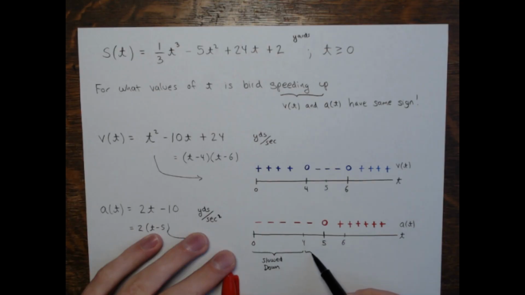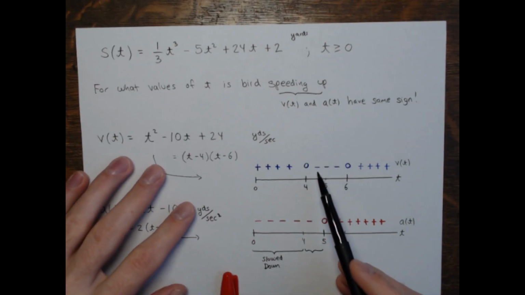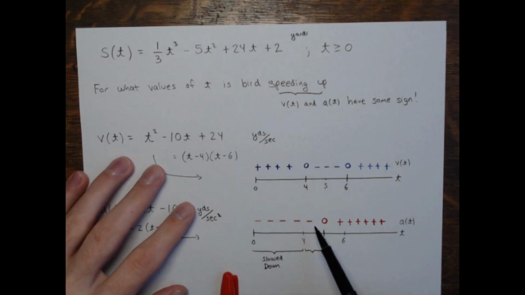But then from 4 to 5 seconds, just in that next 1 second, the bird's moving left now. It's got a negative velocity. And the wind is also blowing to the left. It's being pulled left. So going with the wind, sped up. So the bird is speeding up in that single second.